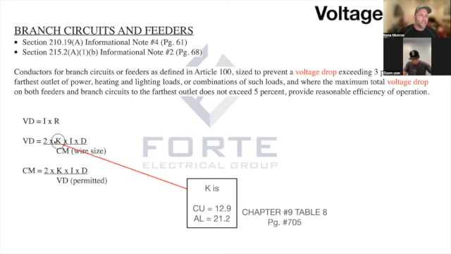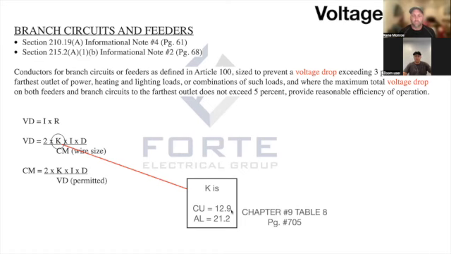So that K, the constant, is just these two numbers, depending on whether it's aluminum or copper. If it's aluminum, you'll put 21.2. If it's copper, you'll put 12.9. If they don't tell you it's aluminum, then it's copper.